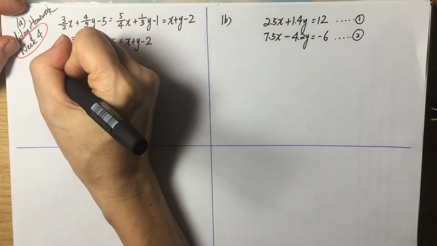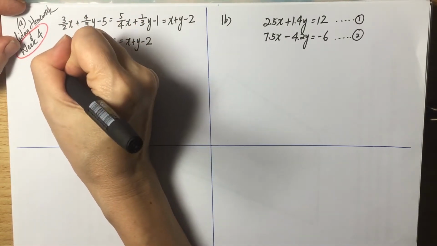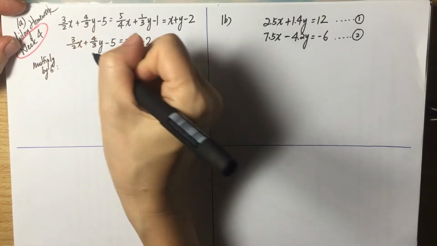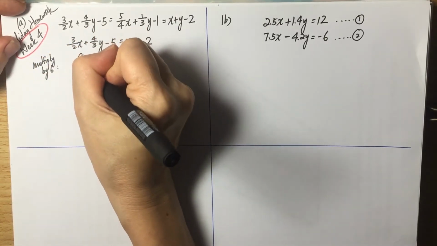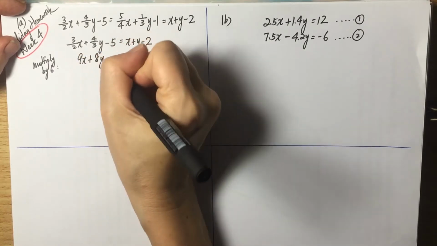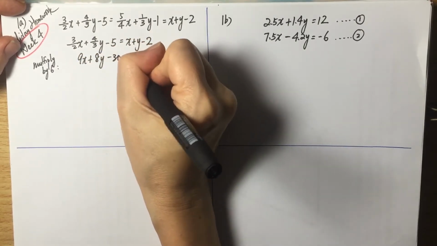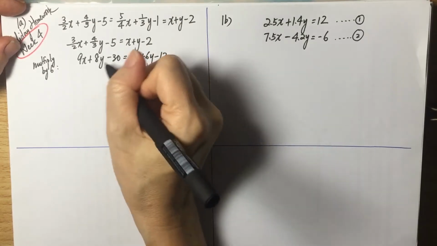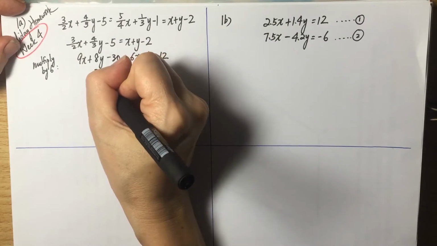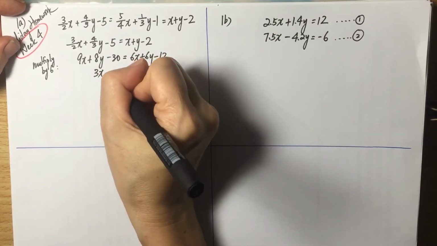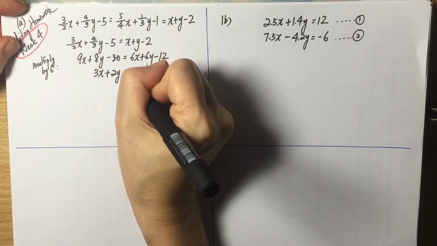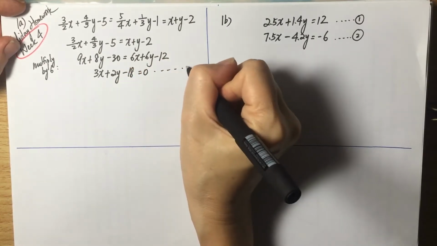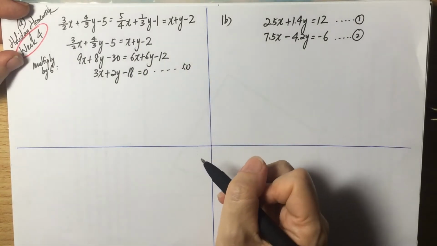So when I multiply by 6, I'm going to get 9x plus 8y minus 30 equals to 6x plus 6y minus 12. Rearrange and simplify, I get 3x plus 2y minus 18 equals to 0. So I call this equation 1.